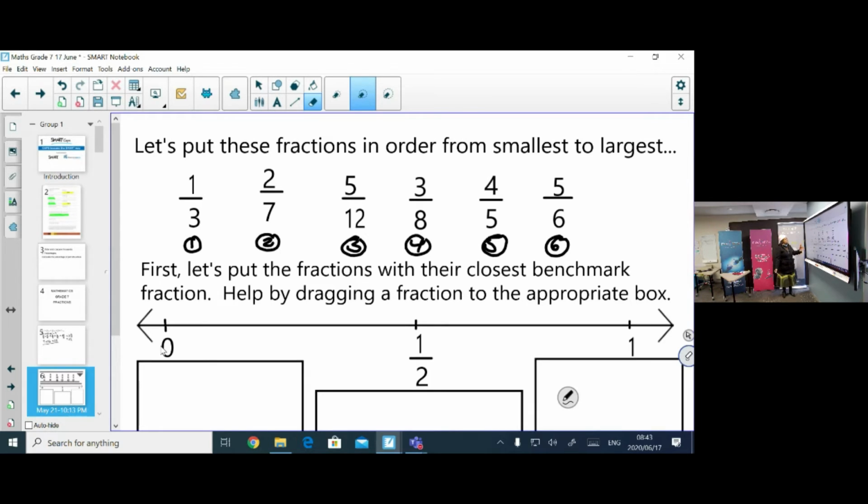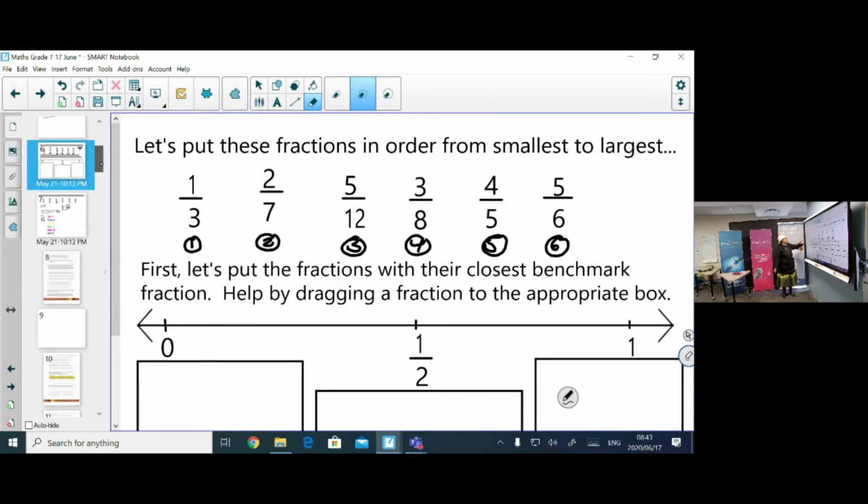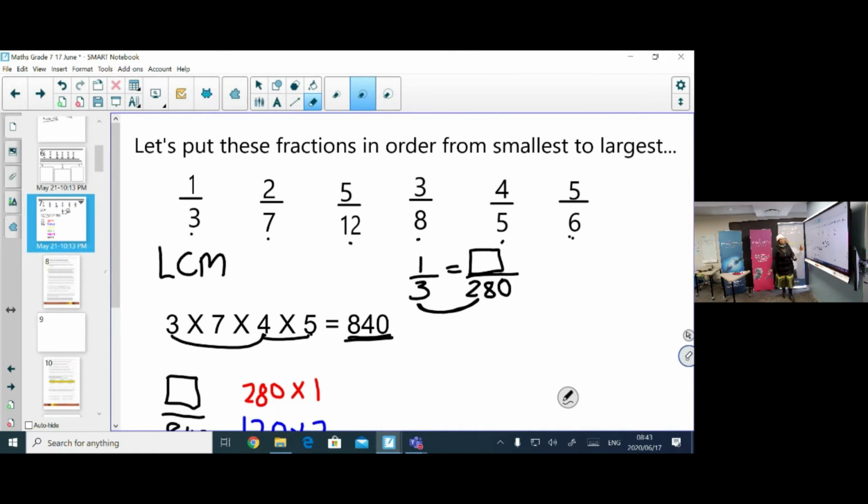So the simplest way to do that is to write them using the LCM, so that you convert them to where your denominator is the same for every number. So we compare 3, 7. I'm multiplying here so that I can get the lowest common multiple.